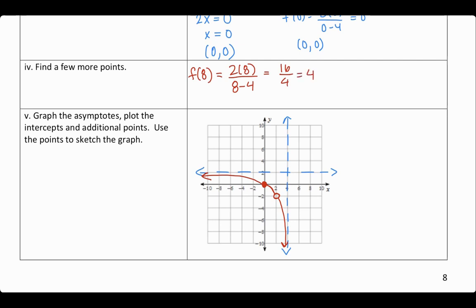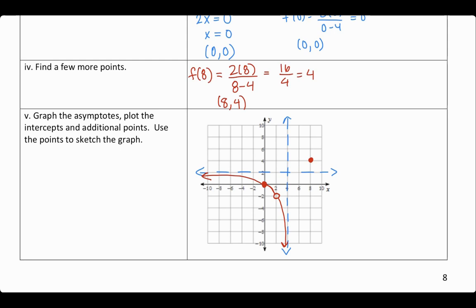So that means I'm going to have a point on my graph at (8, 4). So I have a point right here. Really what I'm trying to figure out is what side of the asymptote my graph is on, or whether I'm positive or negative. I'm just trying to figure out where I'm going to end up.